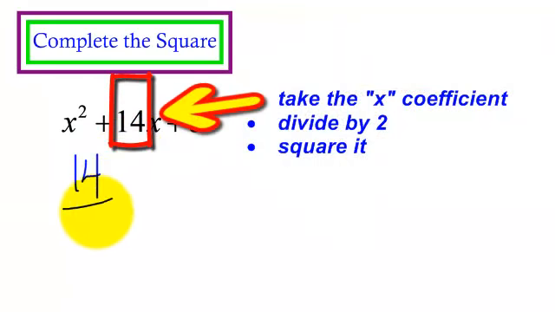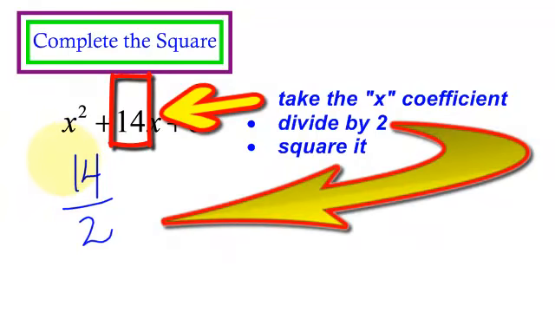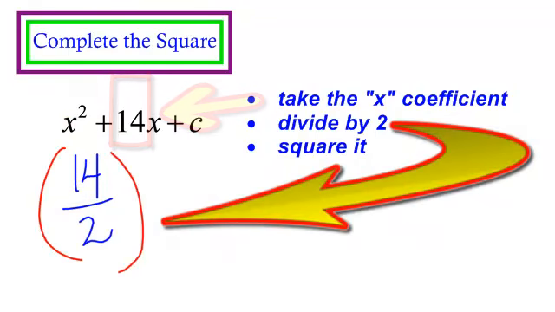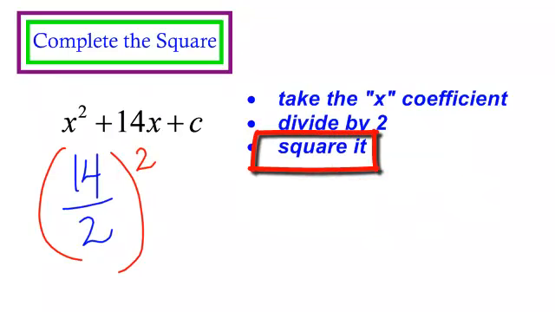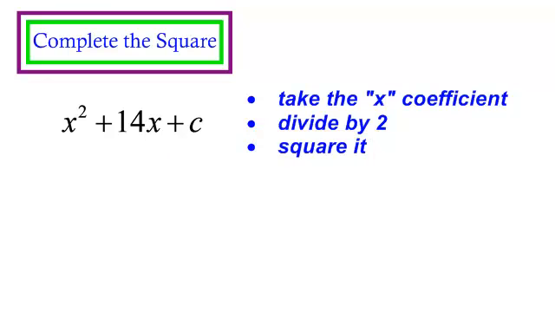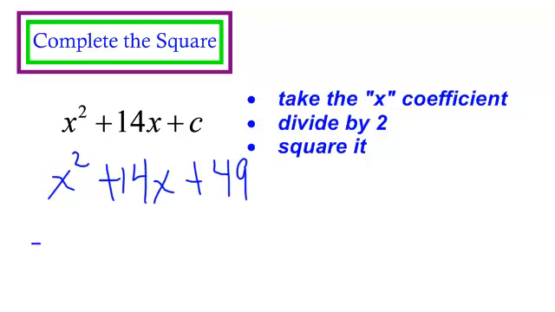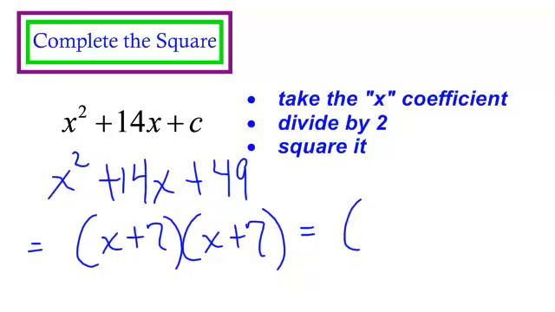You divide it by 2, and then you take that answer and you square it. 14 divided by 2 is 7. 7 squared is 49. So if I wrote x squared plus 14x plus 49, when I factor that, that will be x plus 7 times x plus 7, which is equal to x plus 7 squared.